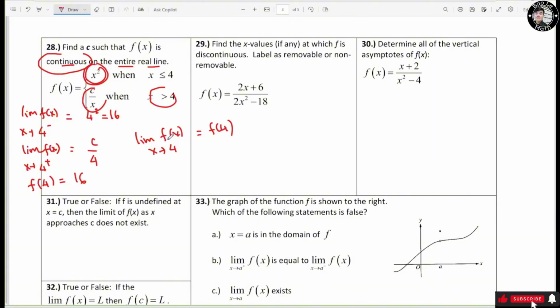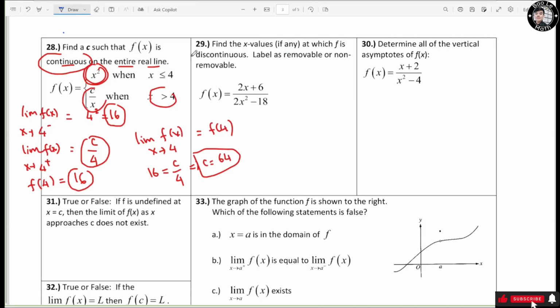Now, the limit when s approaches 4 must exist, which means the left and right limits must be the same. You see that the left side already is 16, equal to f of 4, so we don't need that one anymore. We just need the limit of f of s to exist when s approaches 4. So we have 16 equals c over 4, and then c equals 64.